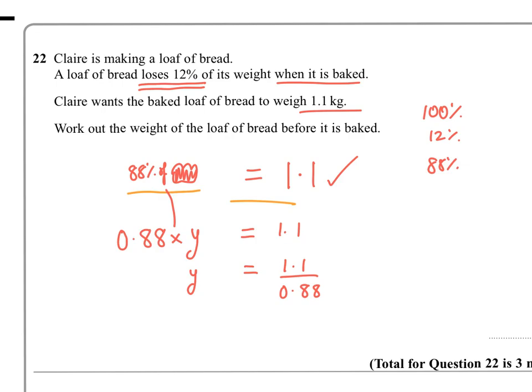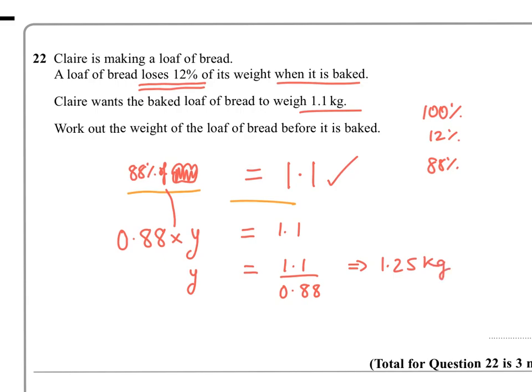Now if you do that on the calculator, this will be the interesting part, because you'll have 1.1 divided by 0.88, which is 5/4, or 1.25, and that'll be 1.25 kilograms, which is the answer.